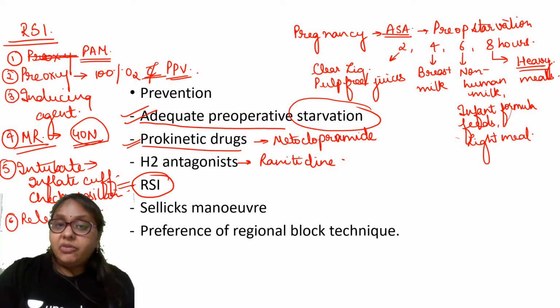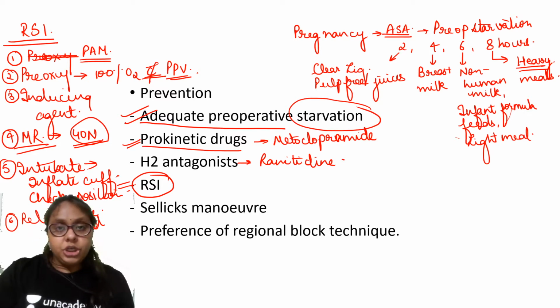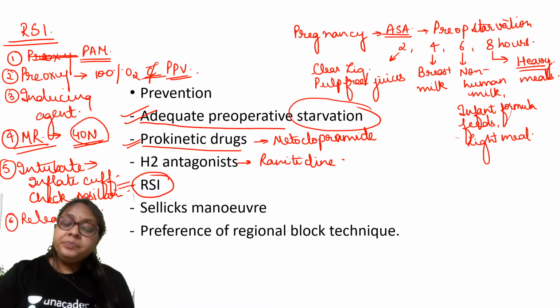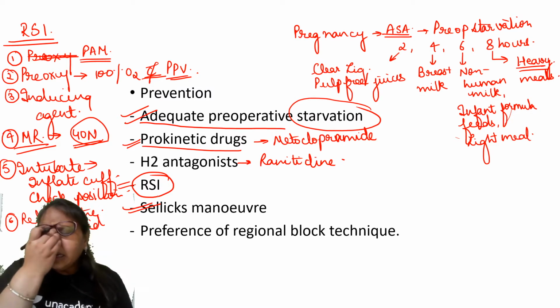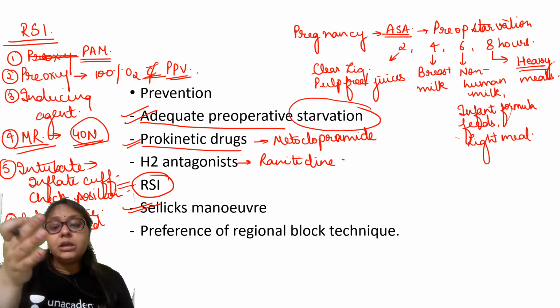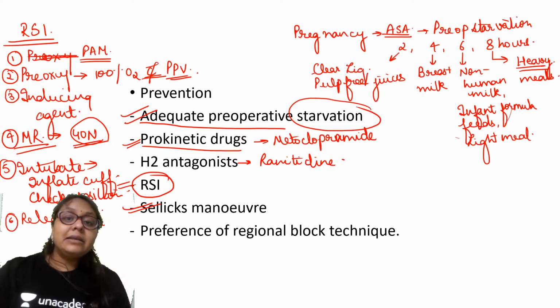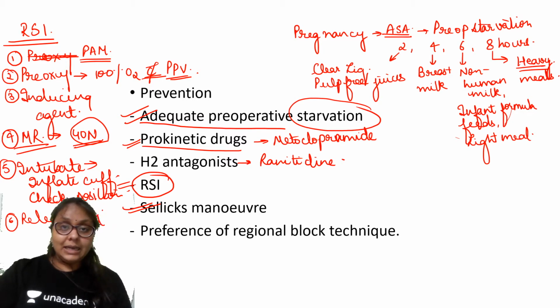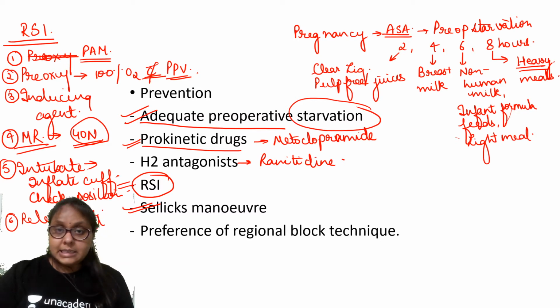So after inflating the cuff and checking the position of the tube, you should release the cricoid pressure. So that is about RSI and the Sellick's maneuver. And you can choose a regional block technique over general anesthesia, as the reflexes are maintained in the regional block technique. So these are the preventive measures for Mendelson syndrome.